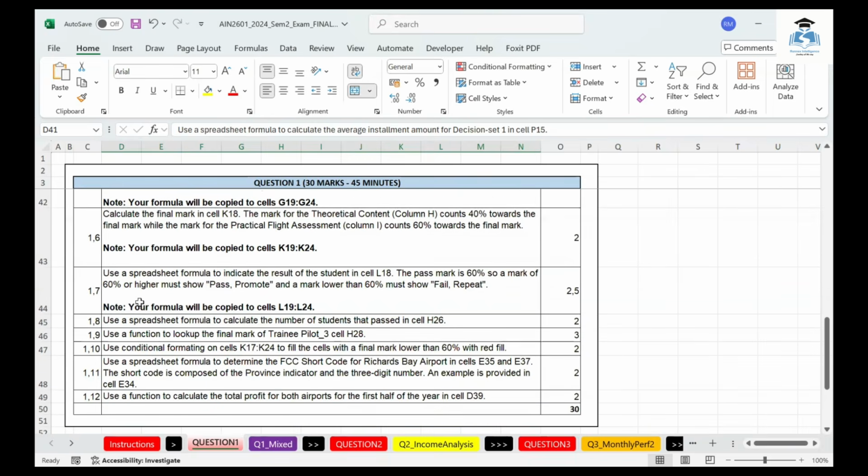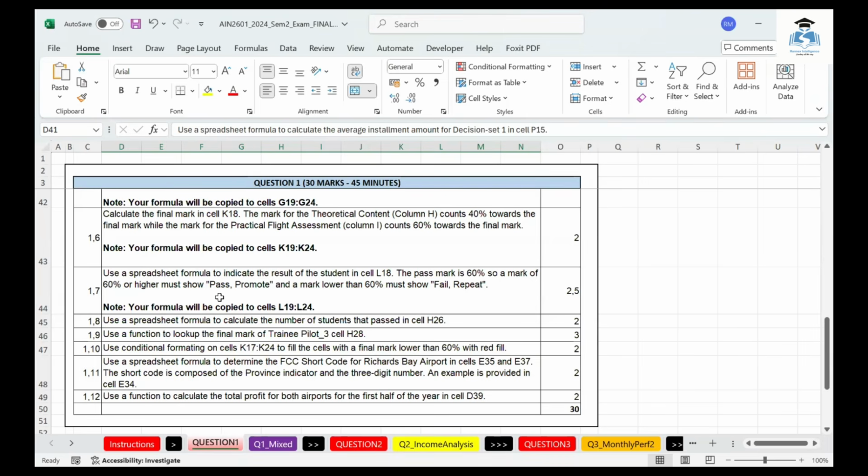Okay. Now we are going to 1.7. It says use a spreadsheet formula to indicate the result of the student in cell L18. The pass mark is 60%. So a mark of 60% or higher must show pass promote, and a mark lower than 60% must show fail repeat.